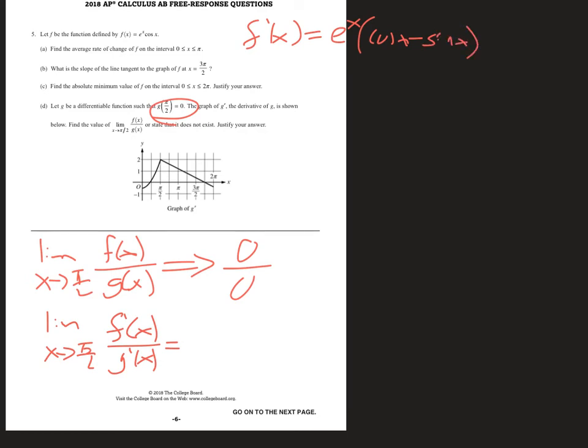It's a little easier to work with. So f prime then of pi over 2 is going to be e to the pi over 2 times, well, cosine of pi over 2 is 0, minus sine of pi over 2, which is 1. So this is going to be negative e to the pi over 2.